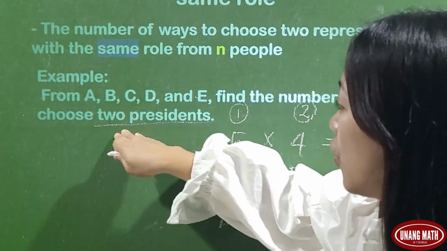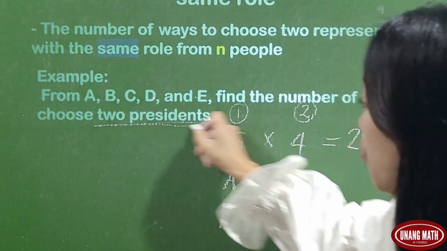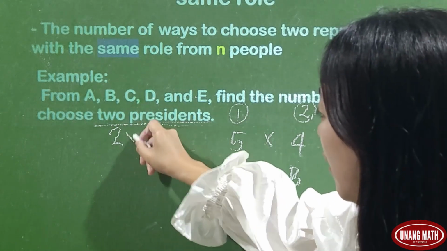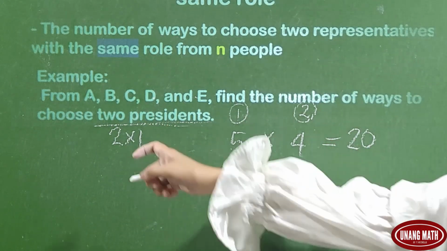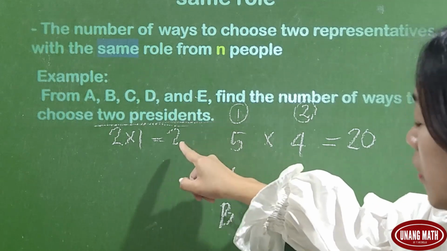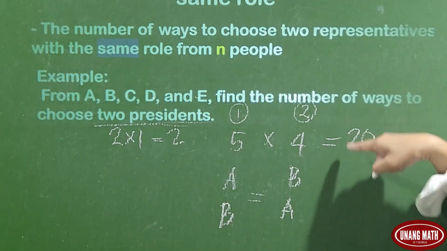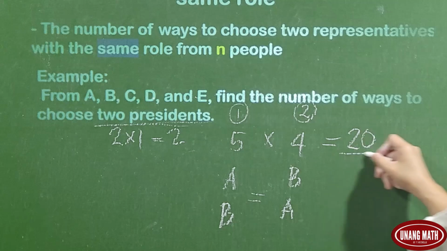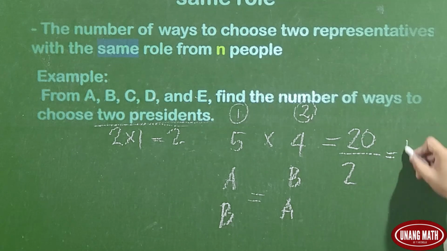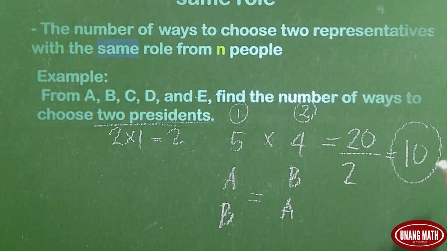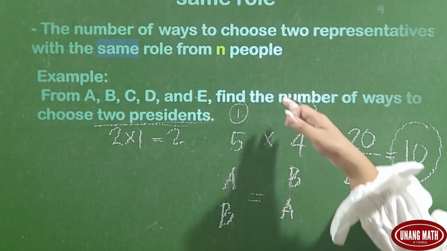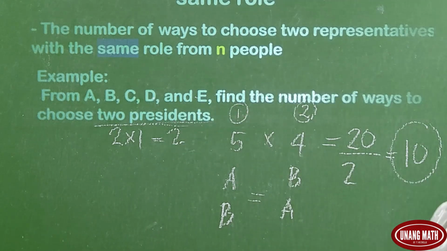So we get the outcome for 2 presidents, and that is 2 times 1. So this 2 should divide this 20. So we have 20 divided by 2, which means we have 10 ways to choose 2 presidents.